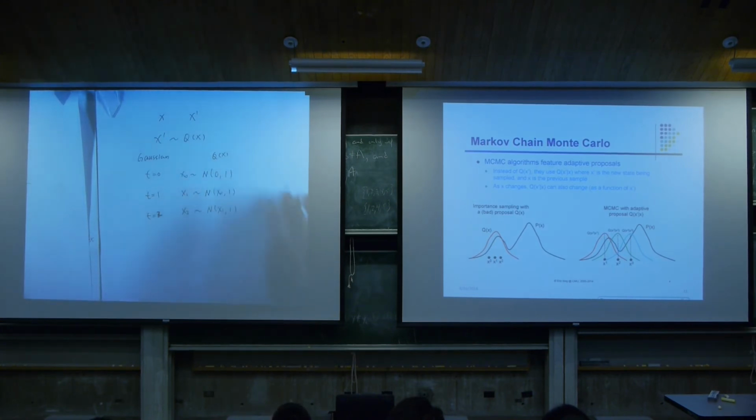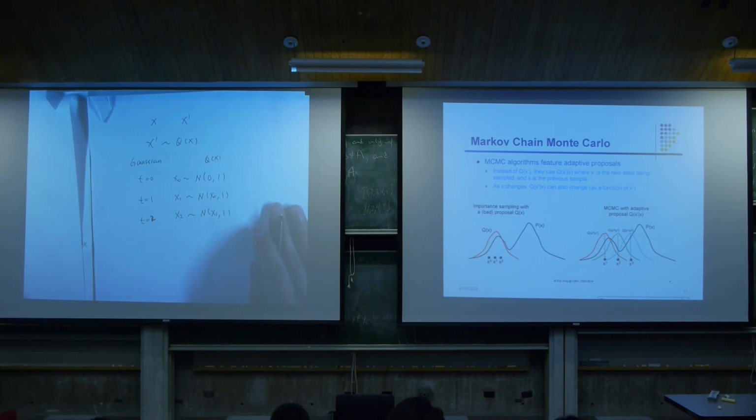That's why we say the Q is adaptive, and why we call this method Markov chain. Because the distribution Q in time 2 depends on the variable in time 1.